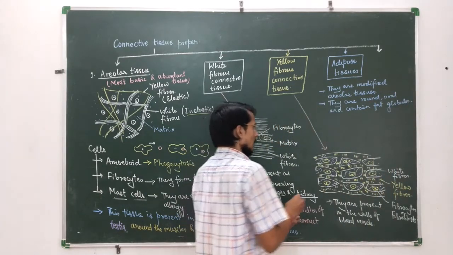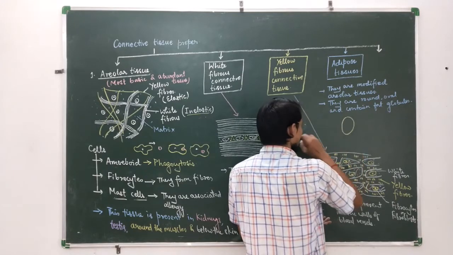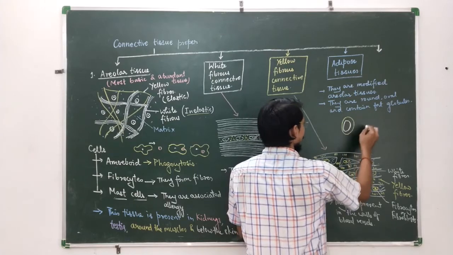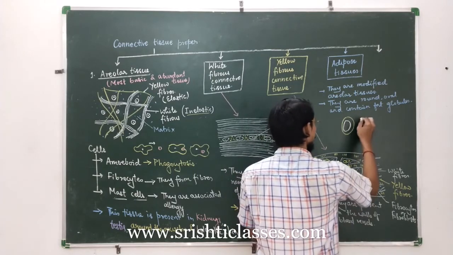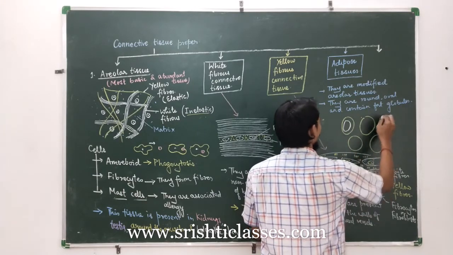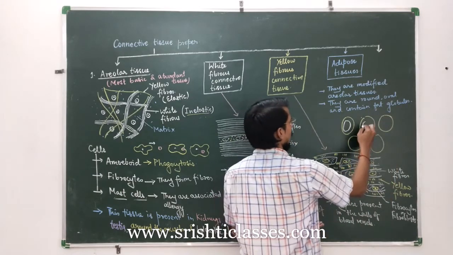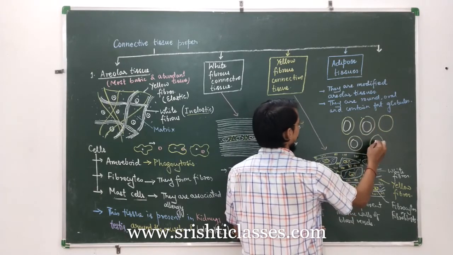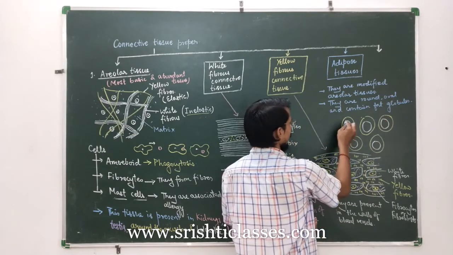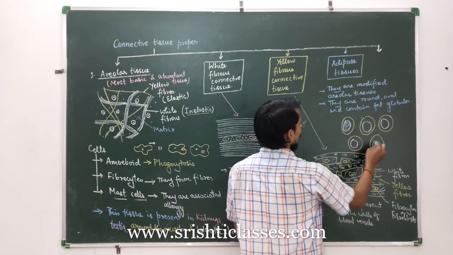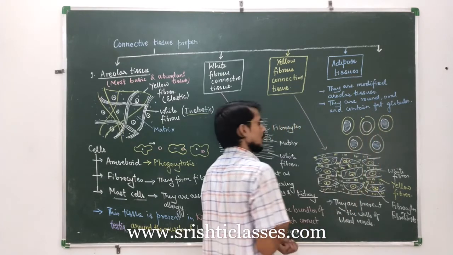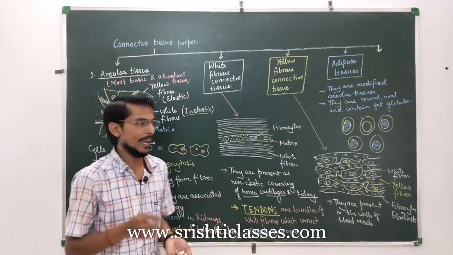Let me draw the structure of adipose tissue. This is the cell membrane. Let me make it first. I have made these fat globules. Let me shade it. Some may be filled or some may have vacant spaces for the accumulation of fat.